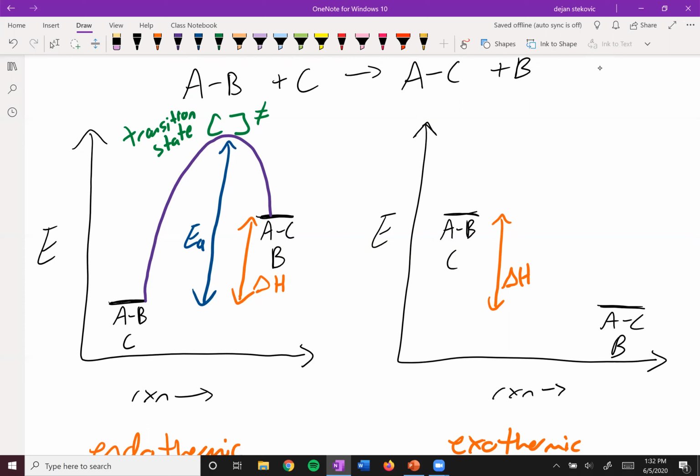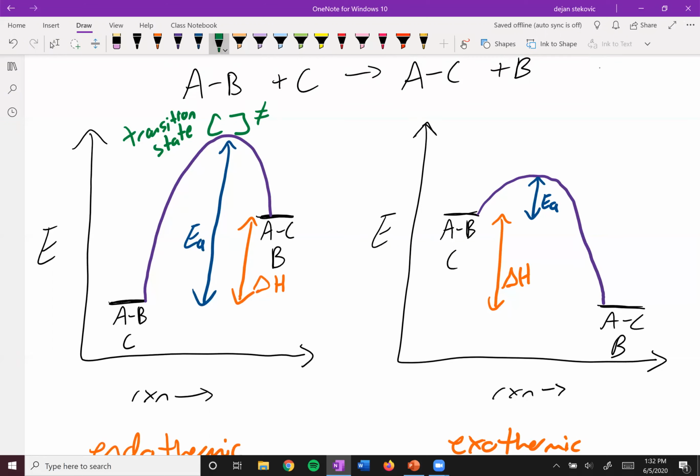But again, our reaction cannot just go down a hill like this. It must overcome a barrier. It must go over a hump. So that'll look something like that. And now our activation energy is not this whole distance, but only from the reactants to the top of the hump. So this is our activation energy here.